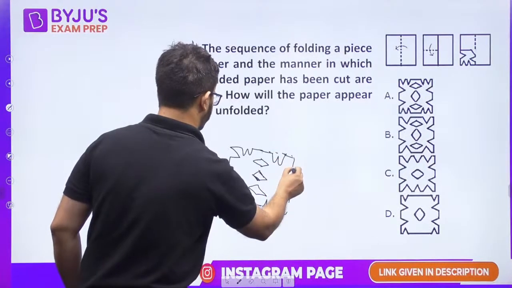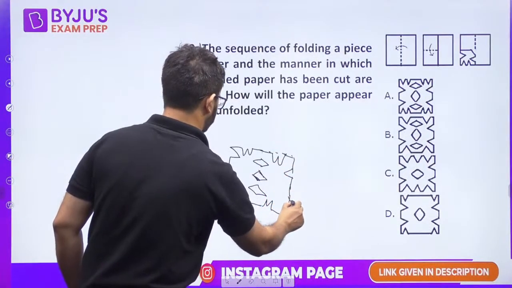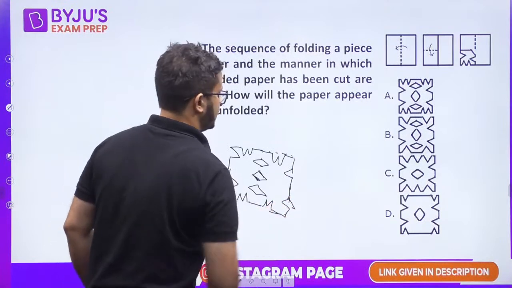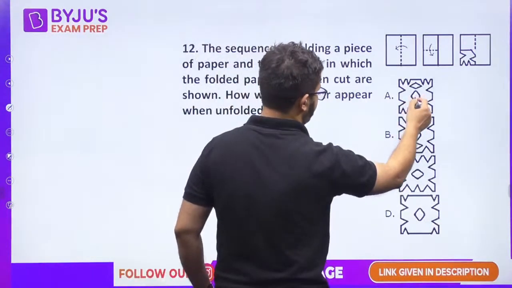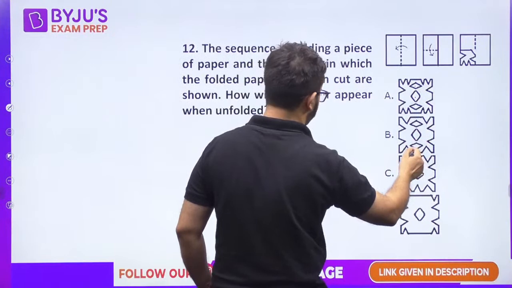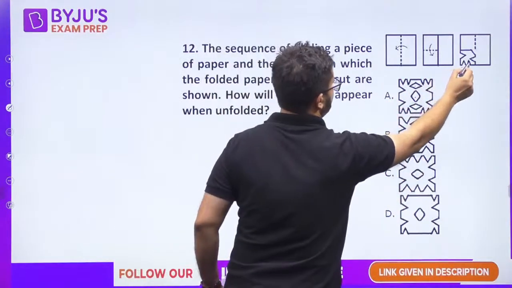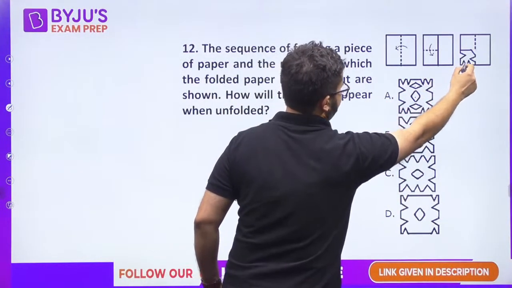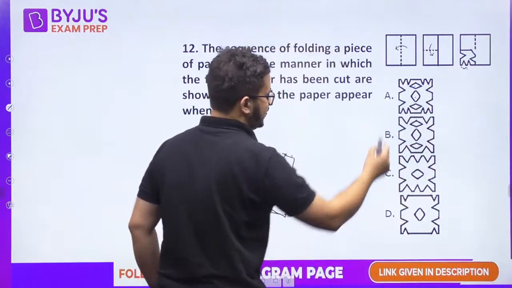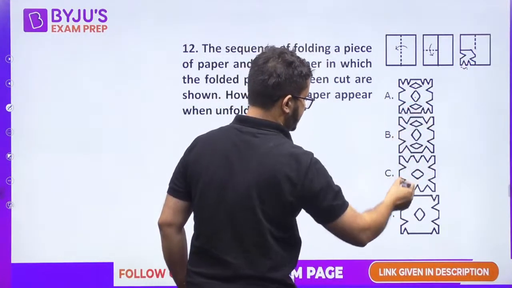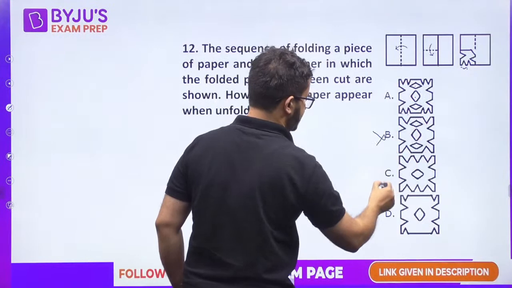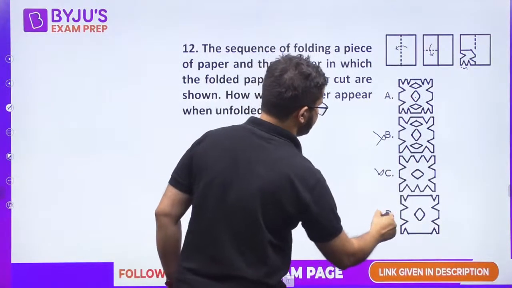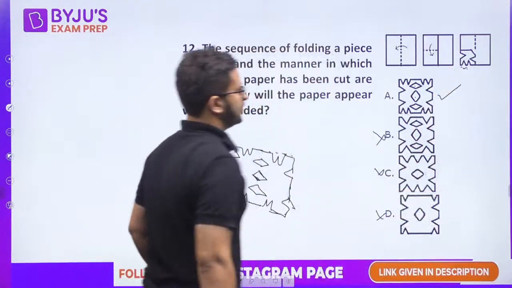Okay, and this will also be cut like this inside. Right, so if you look at the image, 1 parallelogram in the center, 2, that is fine. Here you have 2 these shapes, like you have M kind of shape, right? So in this option we see that M shape. In this case we do not have the M shape. In this case also we do not have the M shape. So the answer is option A.